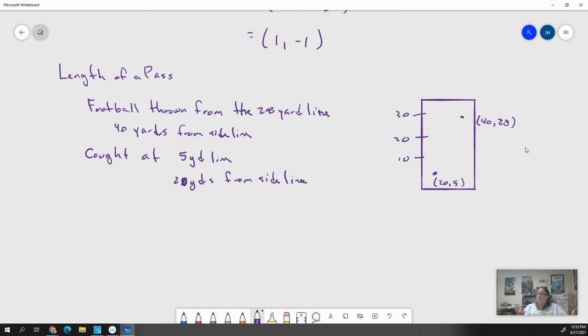So now we just have points, right? We don't even have to deal with the words anymore. We know what the 2 points are. So all we have to do is do the distance formula on those points to find out the distance of the pass, right? I can go, okay, well, we've got 40 minus 20 squared plus 28 minus 5 squared.